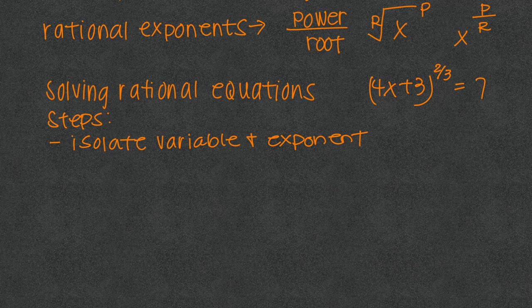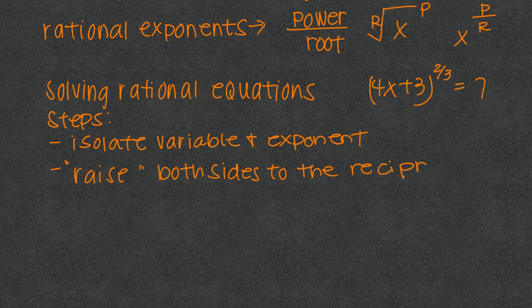Now, once I have just the parentheses with the exponent, I am isolated. So really we're isolating the parentheses and exponent. Then we would raise both sides to the reciprocal power.